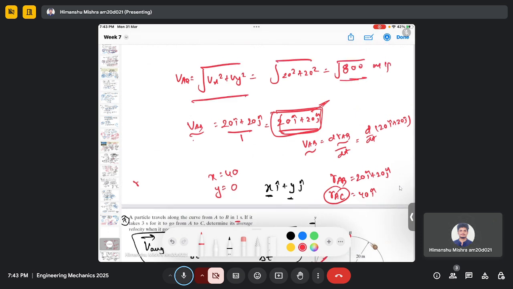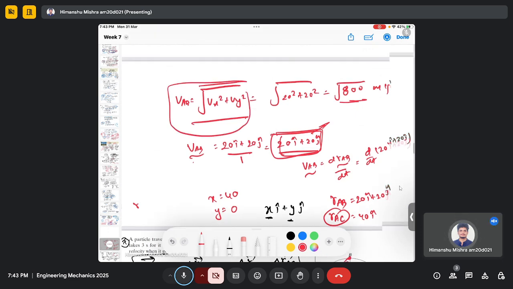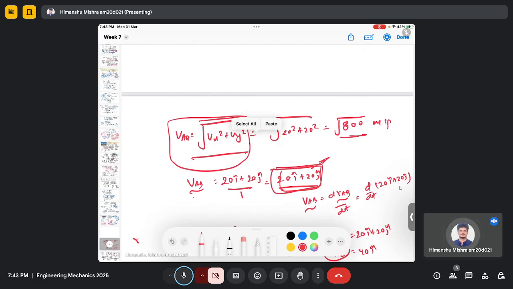So for the previous question also it's the same, right? Yes, root of 2 square plus 3 square, and root 13 would be the answer. This expression is for the general vector case. Any vector will have a magnitude of the square root of x square plus y square.